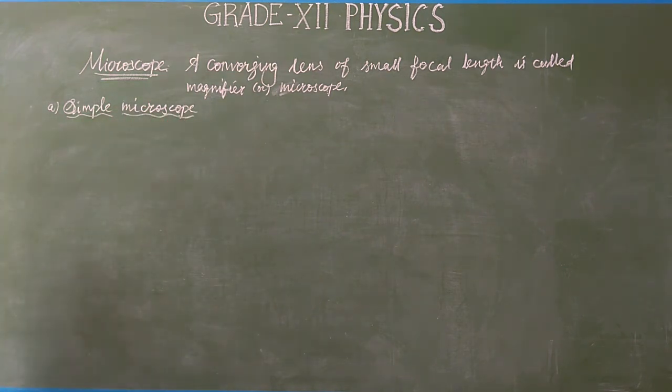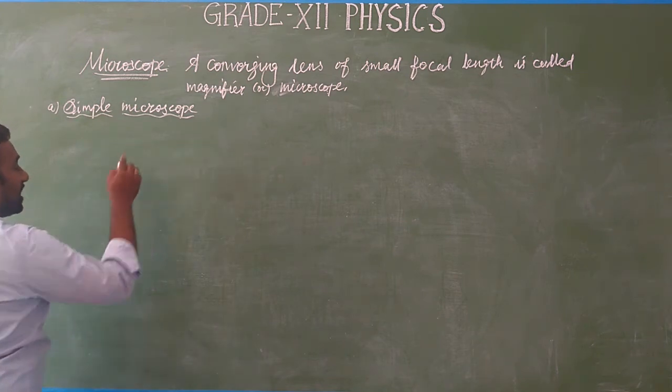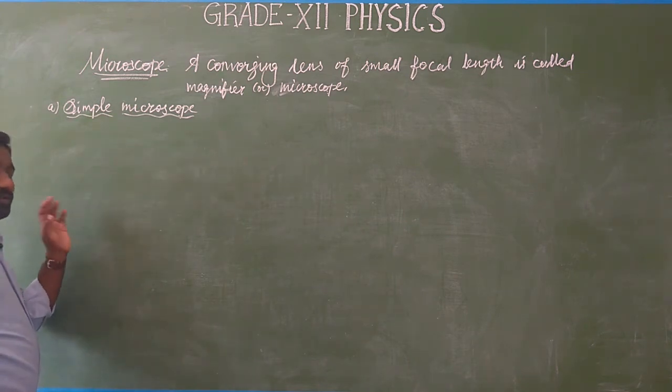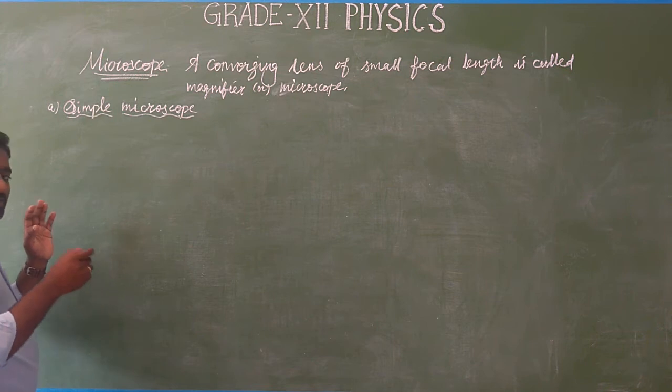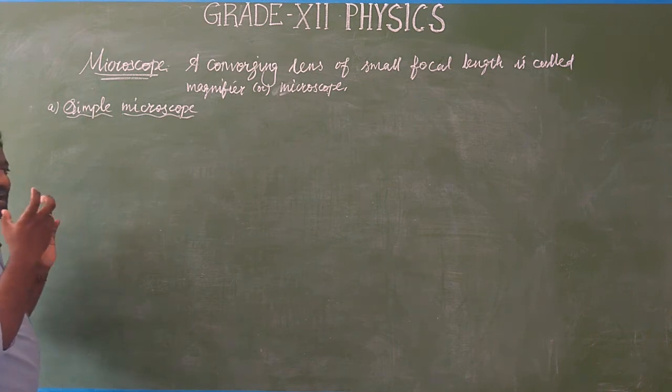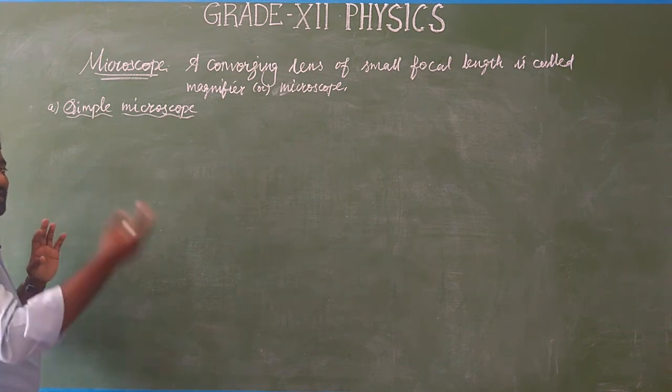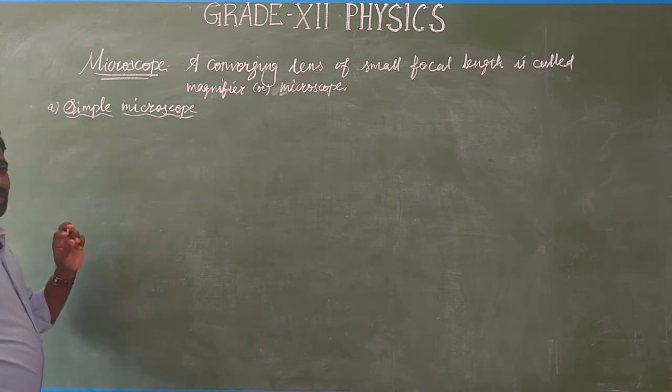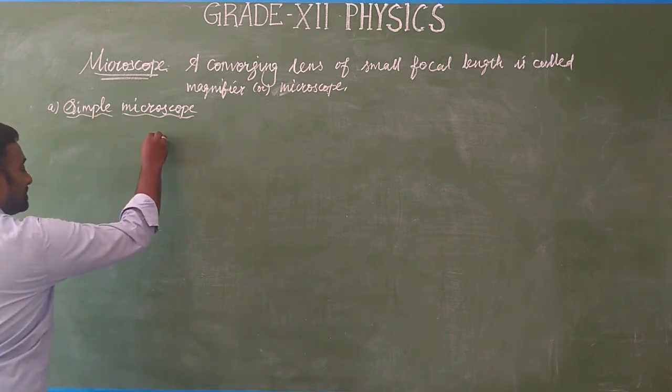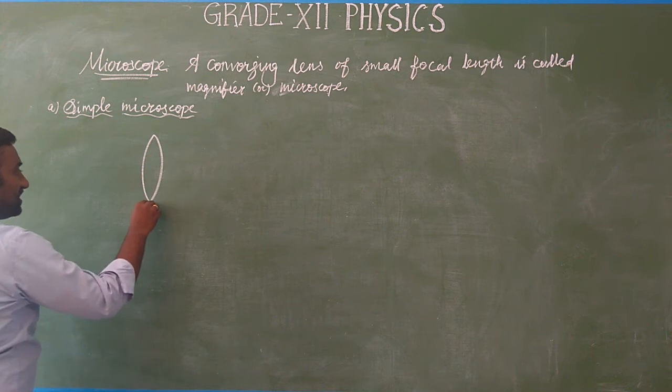For a simple microscope, the object is placed very close to the lens, having a short focal length, and the eye is kept very close to the lens on the other side. And the object must be kept less than or equal to one focal length. We know in general this is a converging lens.